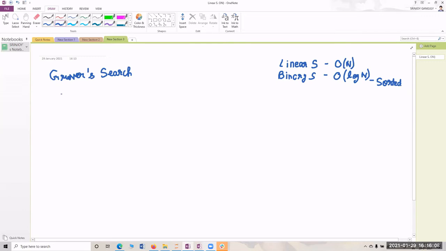But in Grover search, the beauty of Grover search, and that's why this is very interesting, is that this is an unordered search. That means your database can be unstructured.